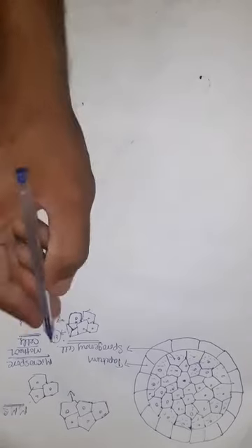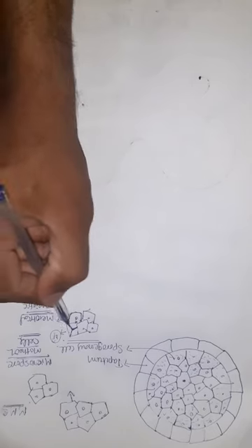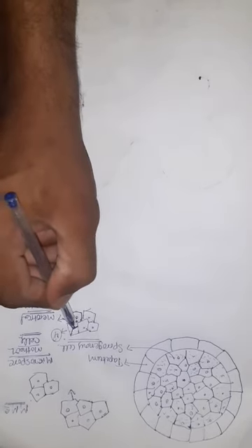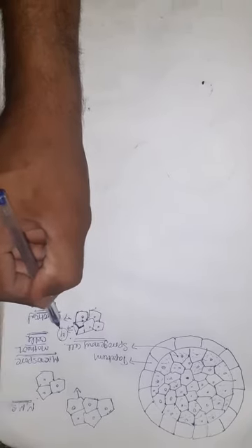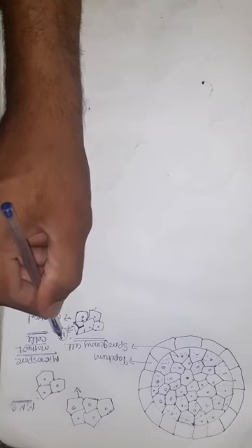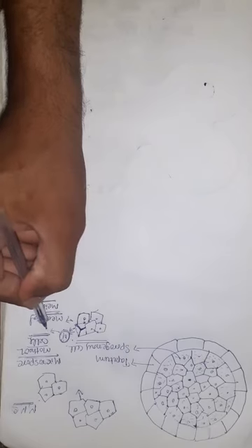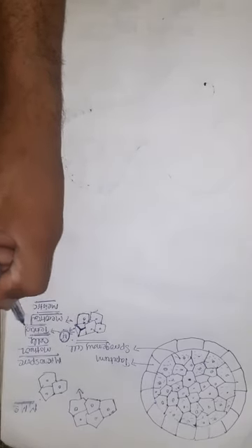These four cells after meiosis do not separate individually, though wall formation is complete. They just remain together as a group. That group of four cells is known as a tetrad.